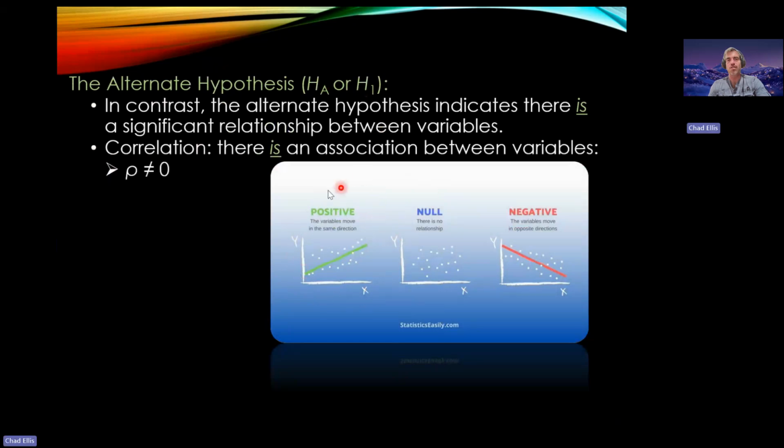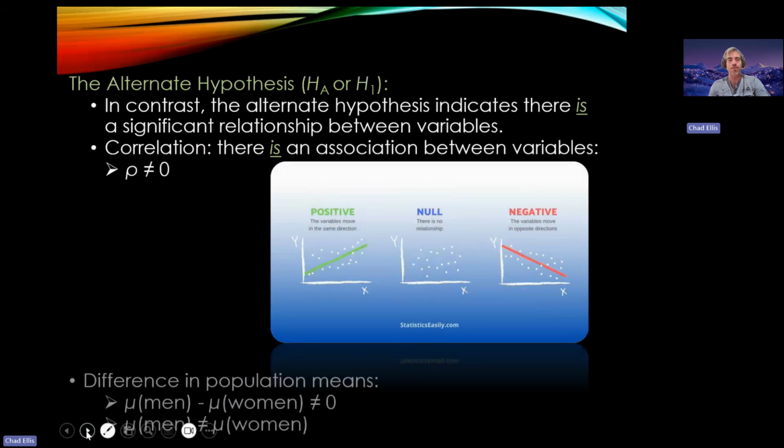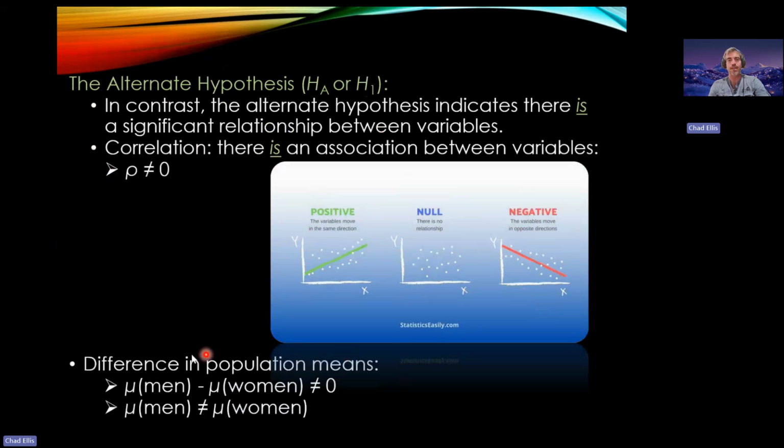In terms of correlation, we're going to go with the alternative hypothesis that there's either significant positive correlation or significant negative correlation, that there is a relationship between our 2 variables. And like I said before, for the alternative hypothesis, we would determine that there is a significant difference in some value between 2 groups, say between men and women.